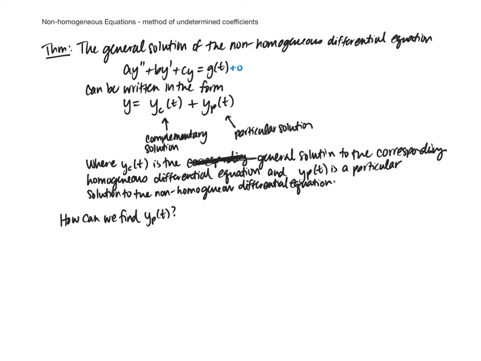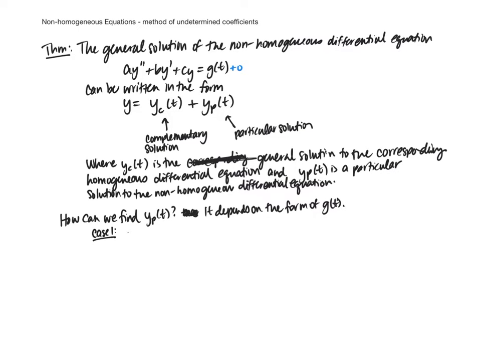Well, the structure or the form of Yp of T will depend on what the G of T is. So it depends on the form of G of T. So let's get some different cases.